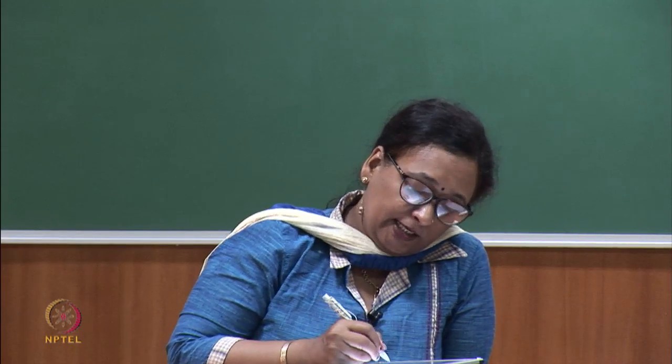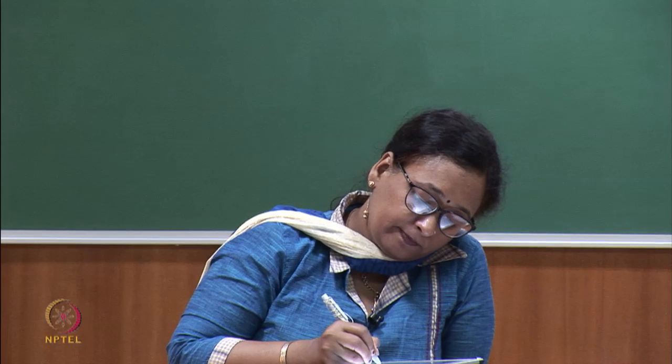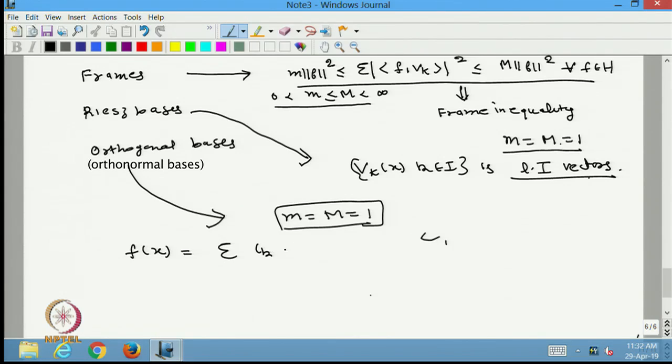So, in each case we can write this way, but in case of frames this can be linearly dependent vectors. However, in case of a Riesz basis and orthonormal basis, this will be linearly independent vectors. Moreover, frames will turn out to be an orthonormal basis if this condition is satisfied. So, this should be clear to everyone.